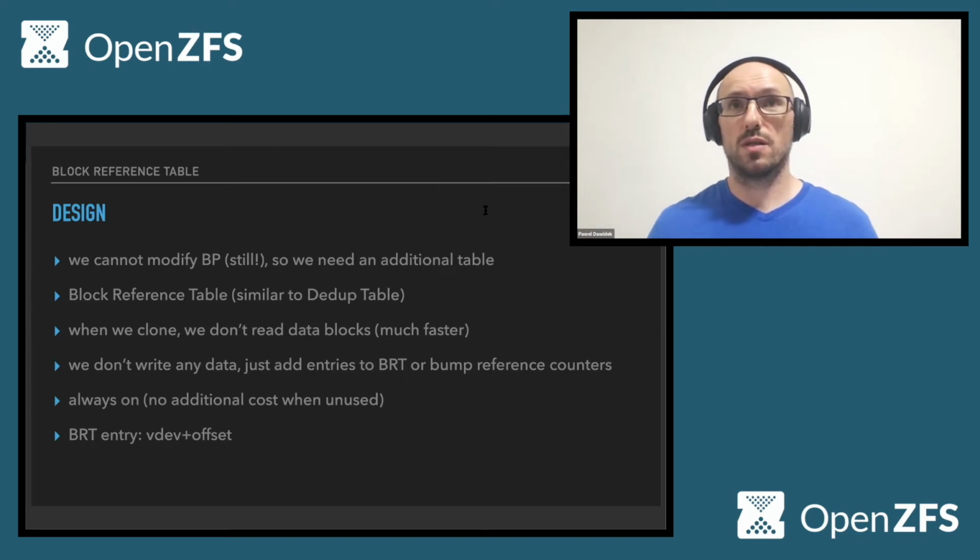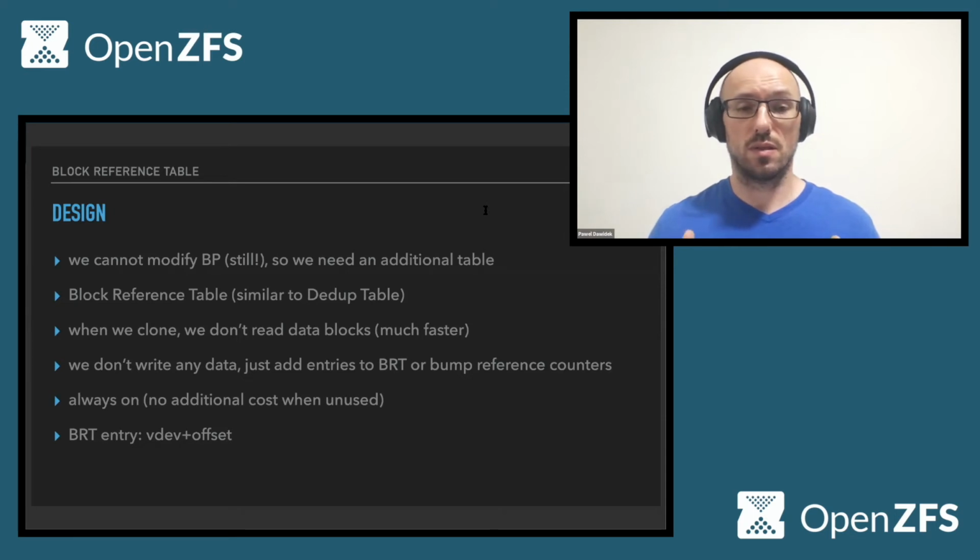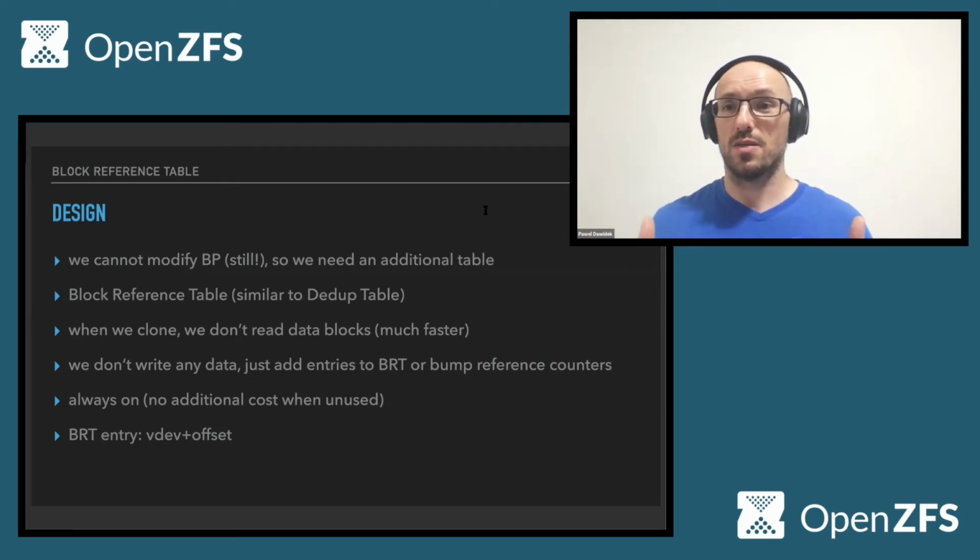That would be, of course, the obvious idea, to just increase some counter within the block pointer, but block pointers cannot be just modified, so we need an additional table. When we clone, we don't read data blocks. It must be super fast. Just the parent blocks, just the block pointers. We just add a reference to the table.